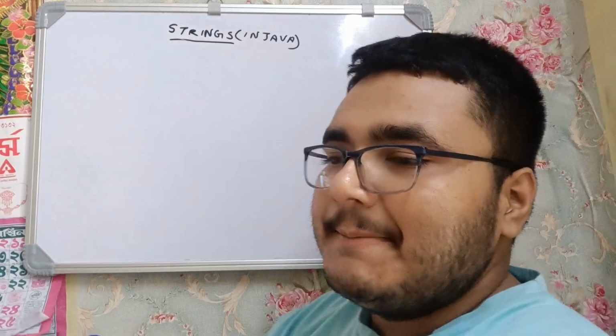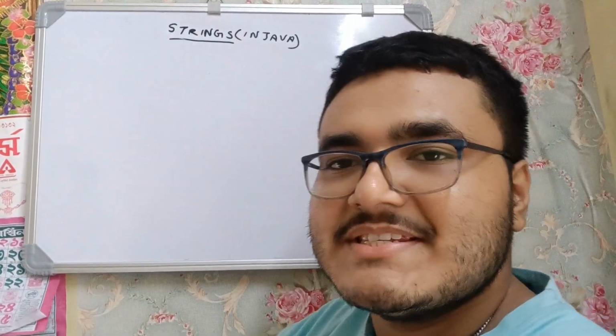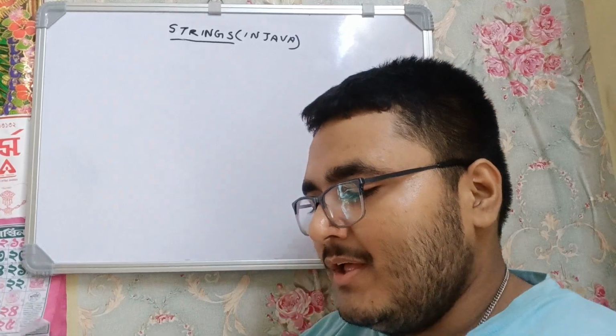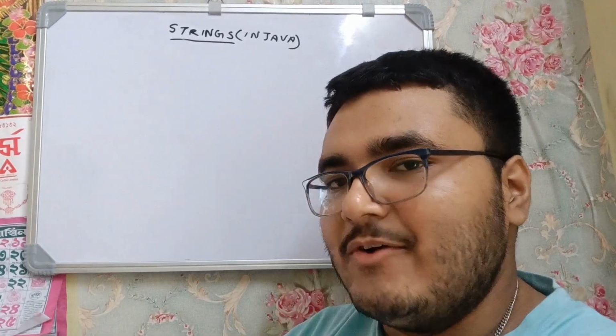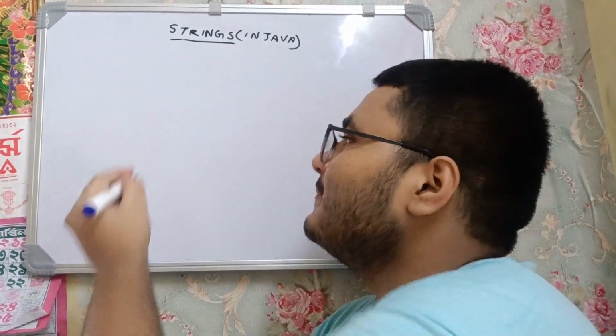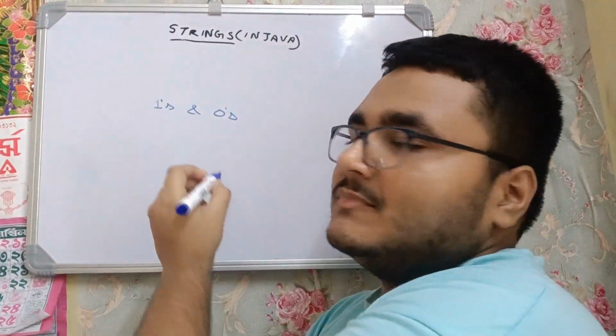Numbers can be stored, but I have a question. When I started the basic concepts of programming, I mostly used to say that computers understand binary language, that means ones and zeros.